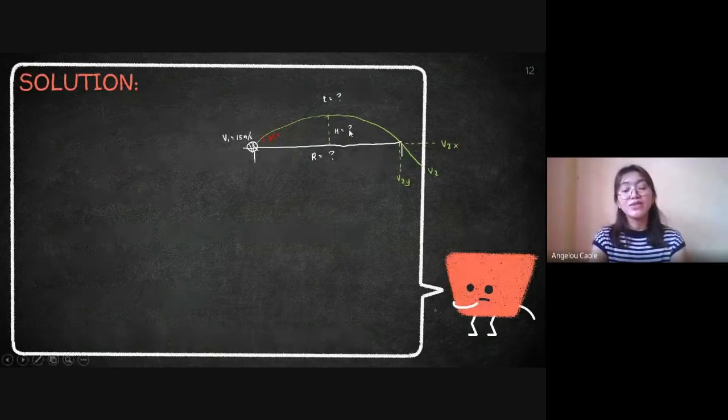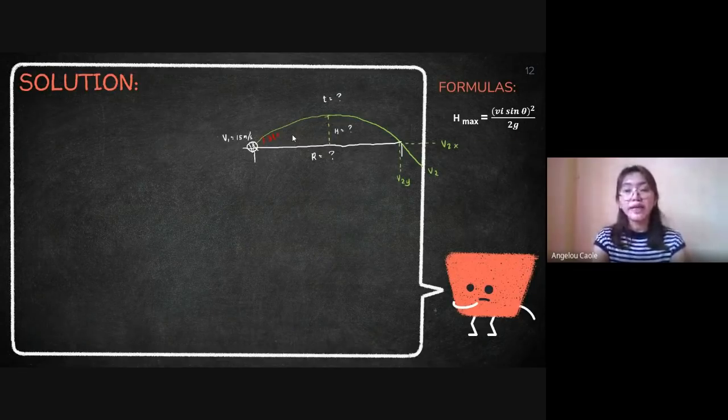So this is the illustration of the problem. Formulas to be used: H max is equal to (V_i sine theta) squared over 2g. For the time, we have 2 V_i sine theta over g. And for the range, we have V_i squared sine 2 theta over g.